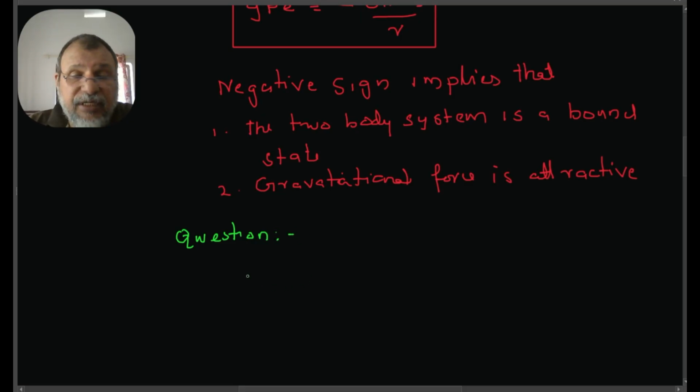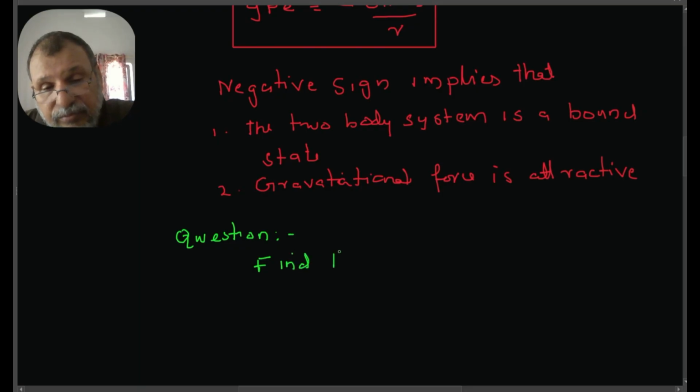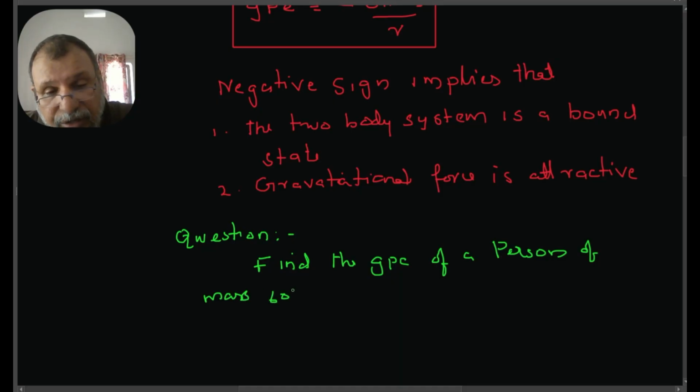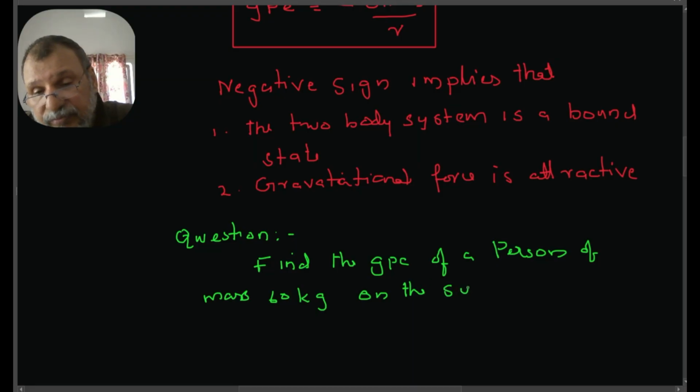Now, find the gravitational potential energy of a person of mass 60 kilogram on the surface of Earth.